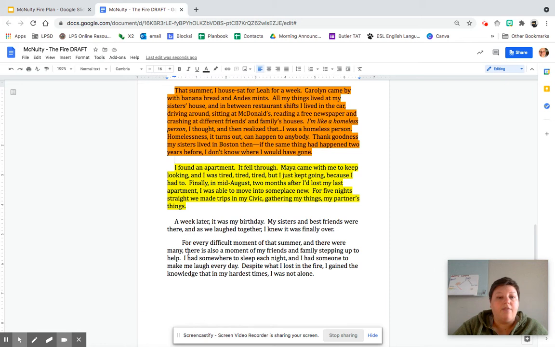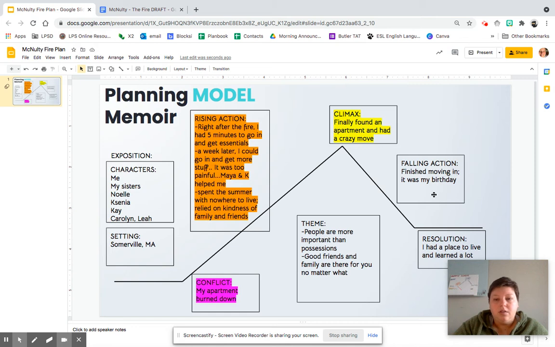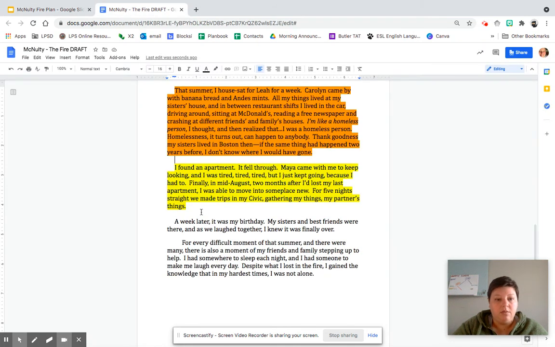So now we're going to have falling action, conclusion maybe. So the falling action is that I finished moving in and it was my birthday. Oh, I forgot to color that.